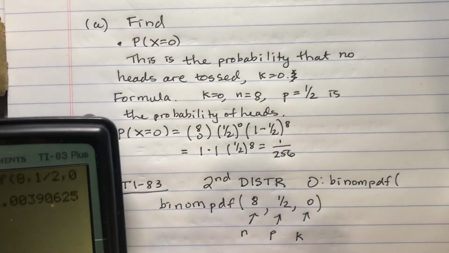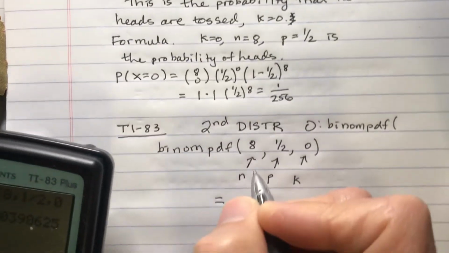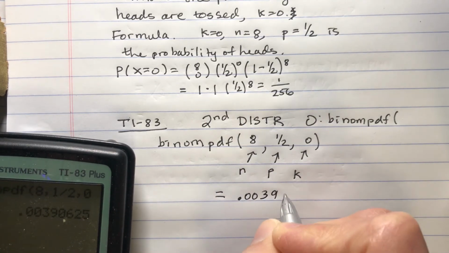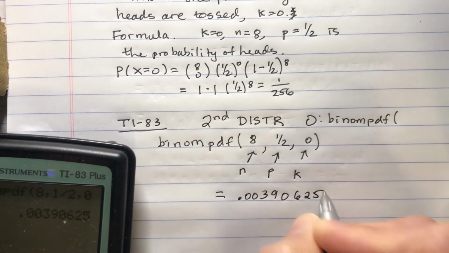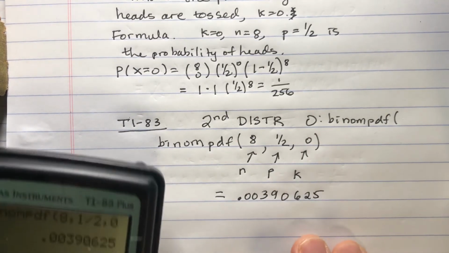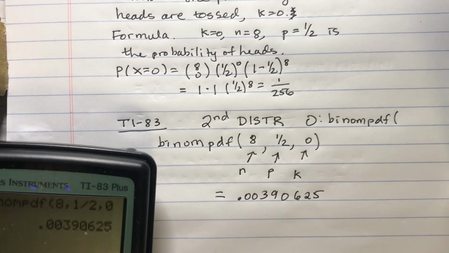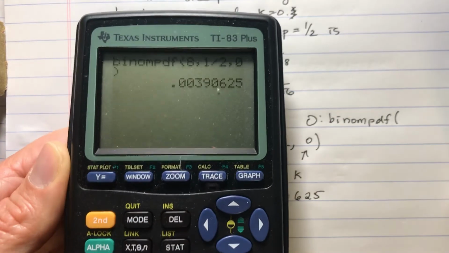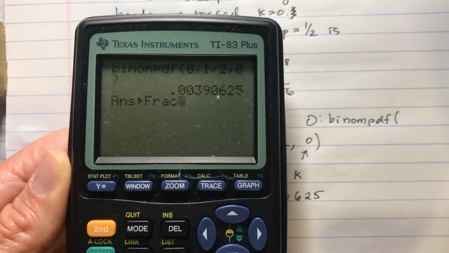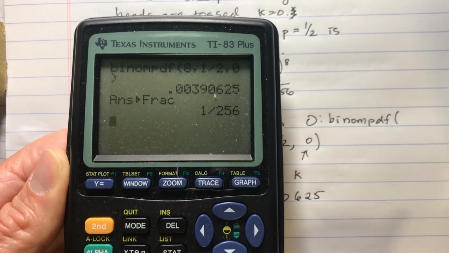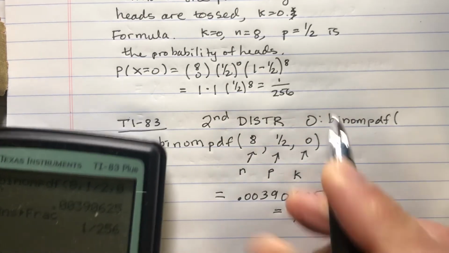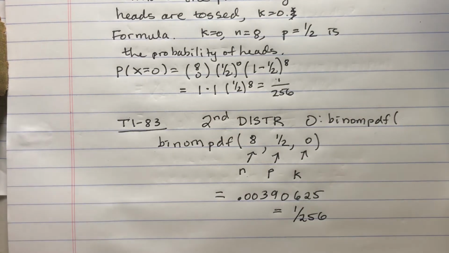I got 0.00390625. If I want to check my answer to see if I got 1/256, I can press Math, number 1, to make it into a fraction. Yeah, it did 1/256. Or I could take my answer above, 1/256, and put that in the calculator.